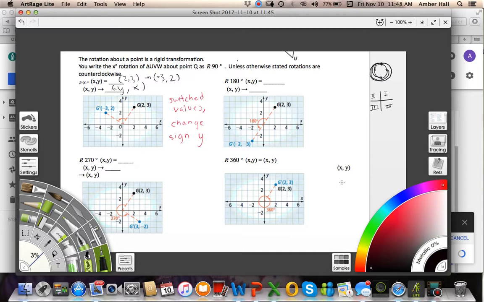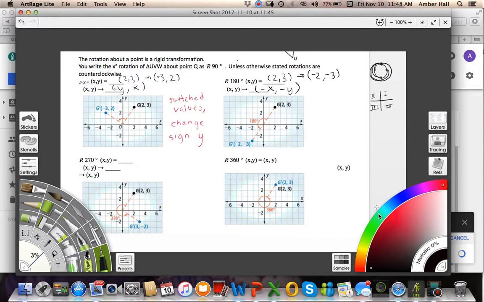Next, we have 180 degrees counterclockwise rotation. So we started at 2, 3, and we ended up at negative 2, negative 3. Now what happened to our x and y values? Well, we simply just turned them both negative. So I started at x, y, and now I have negative x, negative y. Okay?